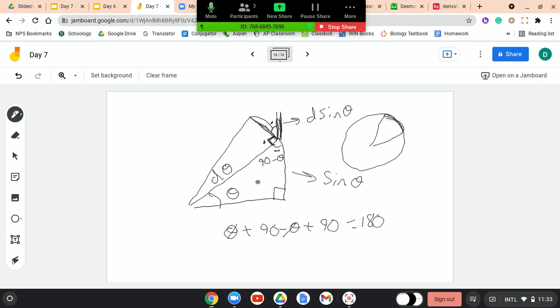I do see that, yeah. Okay, so then this angle has to be theta, because theta plus 90 minus theta plus 90 degrees equals 180. So this angle here has to be 90 degrees. Or sorry, not 90 degrees, theta. Okay, yeah, that makes sense. Cool.